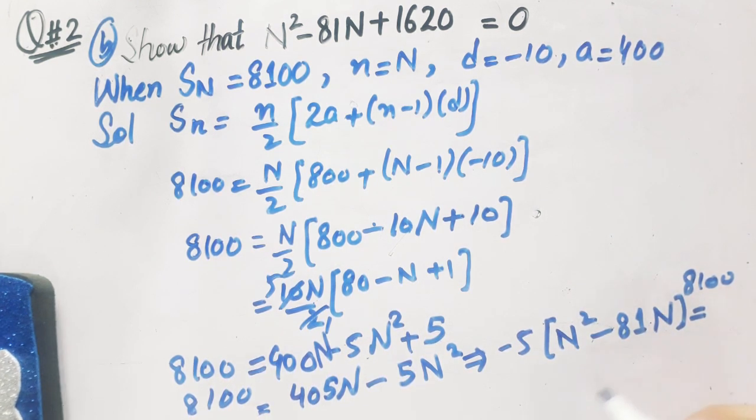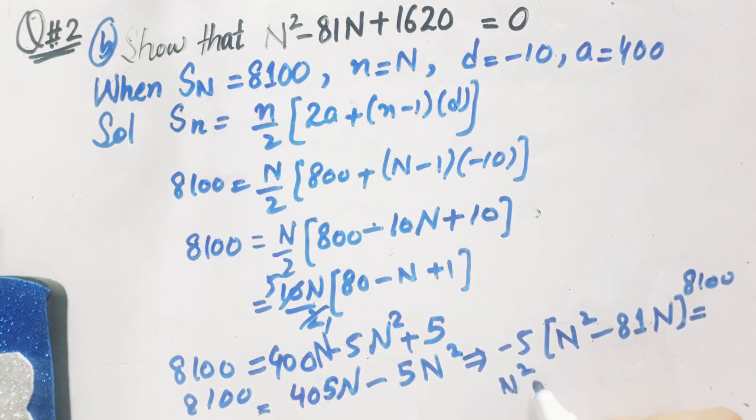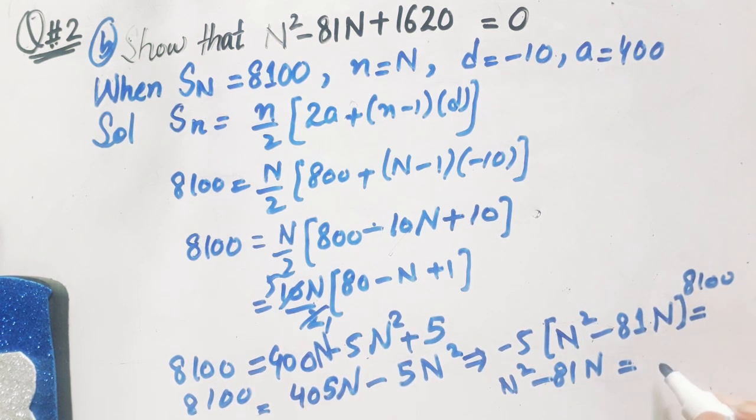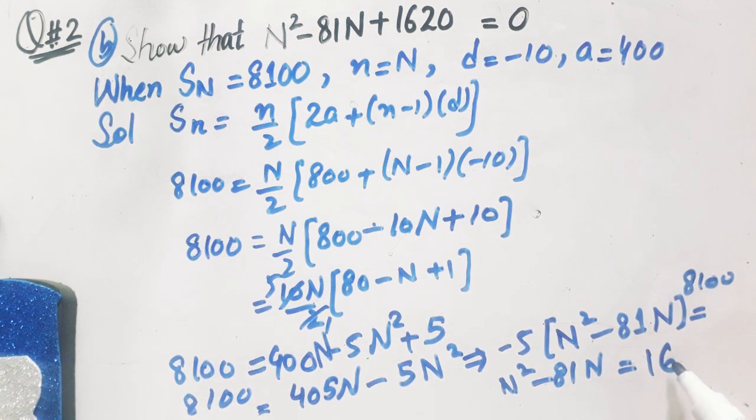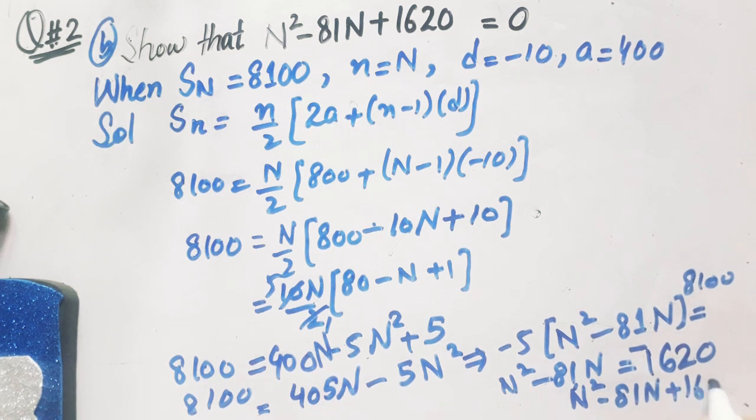Now we will divide minus 5 by this and get n square minus 81n is equal to 8100 divided by 5. So it is equal to 1620. So this is in minus, and in the last step we will write n square minus 81n plus 1620 is equal to 0. So this will be the answer.